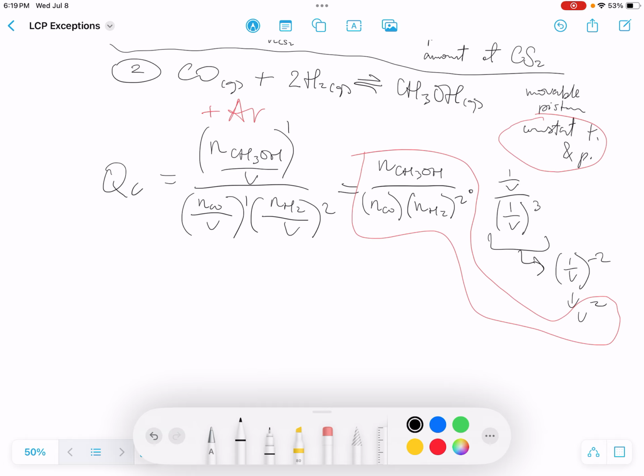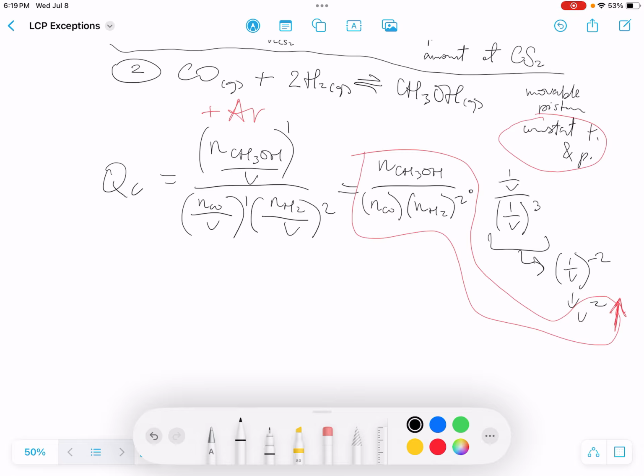And when we look at this, let's think of it as, again, argon, constant temperature and pressure, movable piston. How can the volume change? Will it change? Yes, it will, because we're under constant pressure. So our volume here is going to increase. So what does that mean for us?